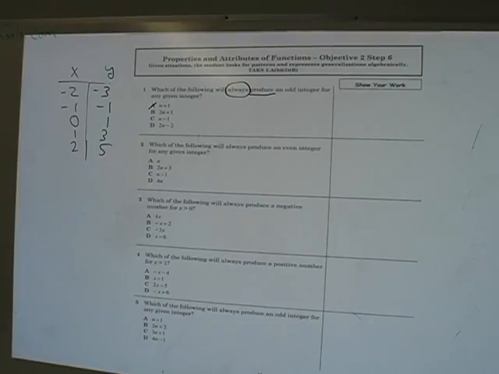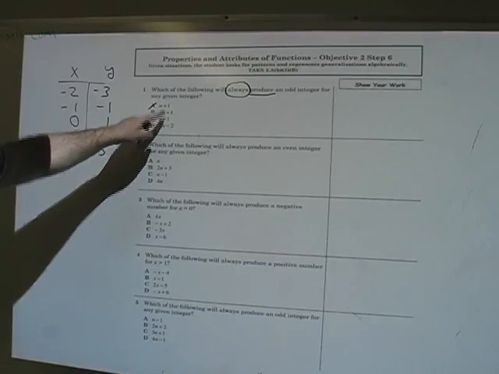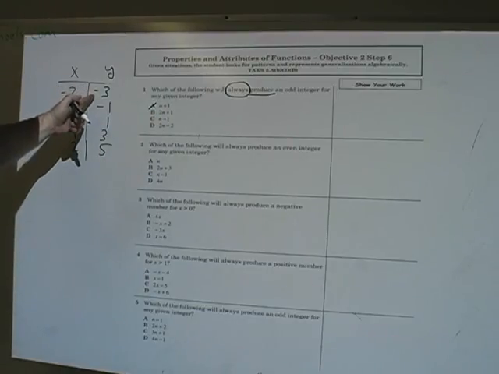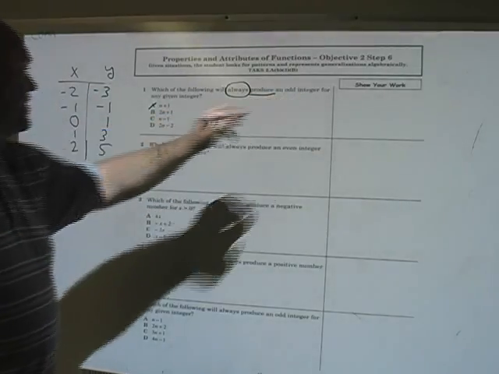Now, did that function always produce an odd integer? Well, look out here at what it produced. -3, -1, 1, 3, 5, and go ahead and check these on your calculator. So you see that this is what you get when you plug this function in. These are odd integers. Okay?